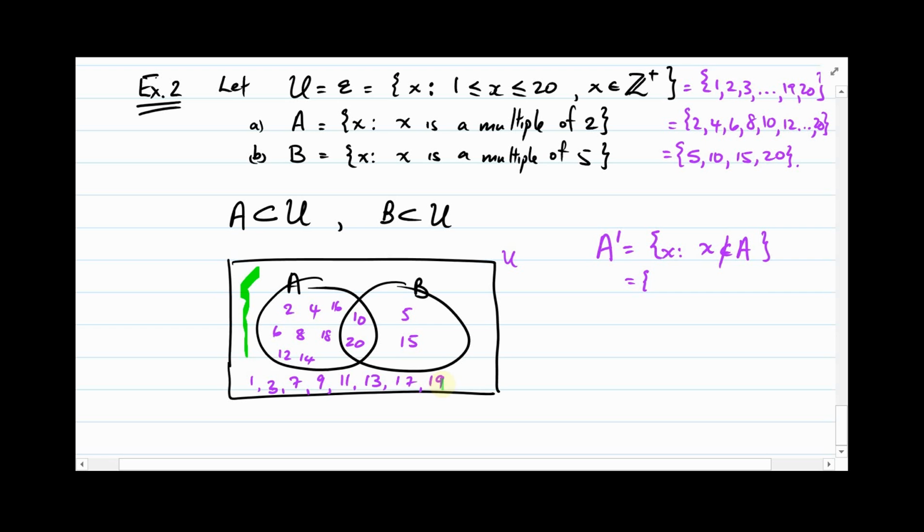It would be this part, everything outside of A. So we have all the numbers 1, 5, 15, along with everything on that outer edge.